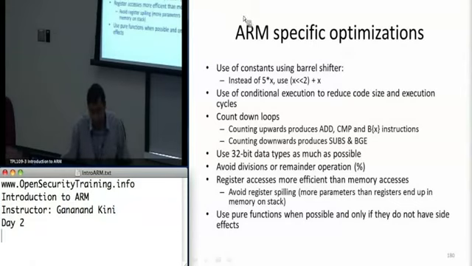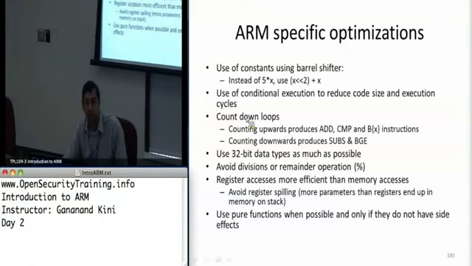Another thing is, since ARM is 32 bits, it's always good to use 32-bit data types as compared to non-multiples of 32, because misaligned memory accesses can be very costly. Another one to avoid is divisions. As we all know, the Cortex-A profile doesn't have any integer division operation, so it's best to avoid division as much as possible.